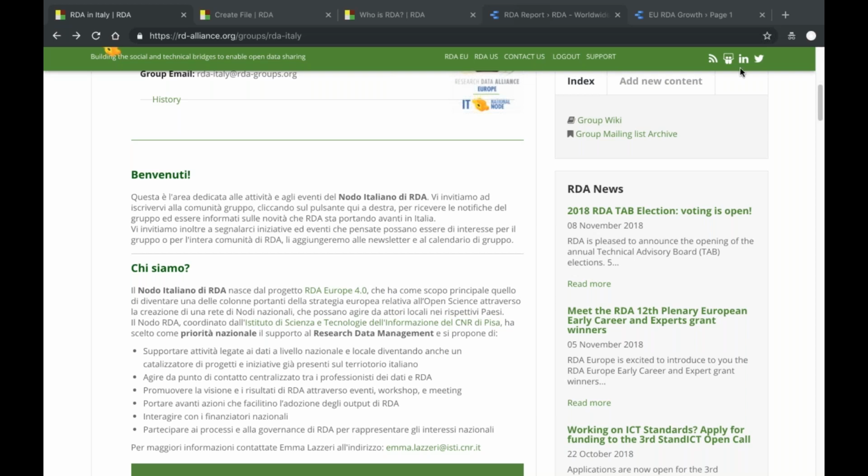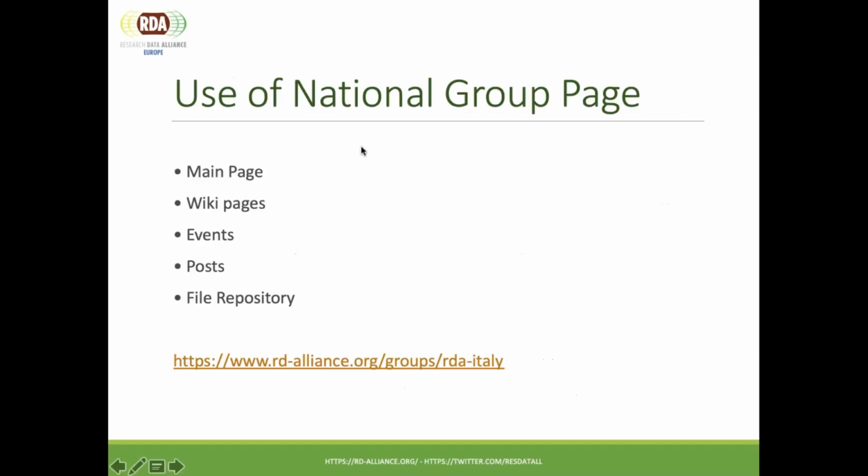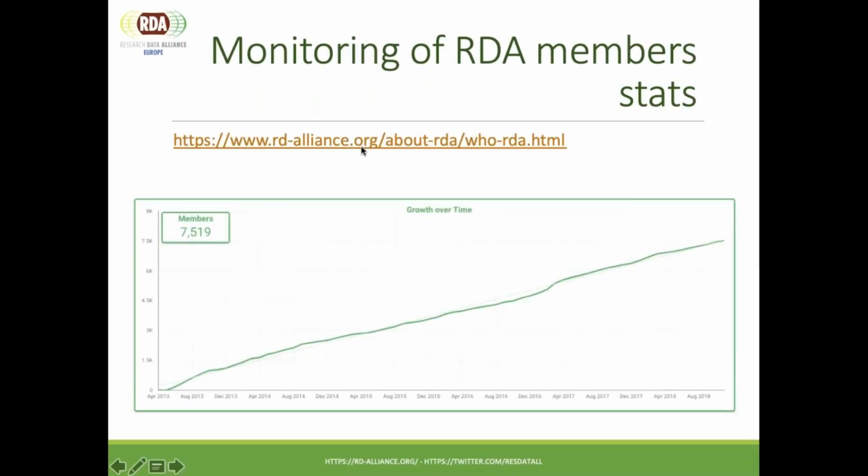Okay, let's move on. Let's move to the visualization and statistics tool we developed for your benefit. So you will find this kind of charts under the About RDA, Who is RDA web page.